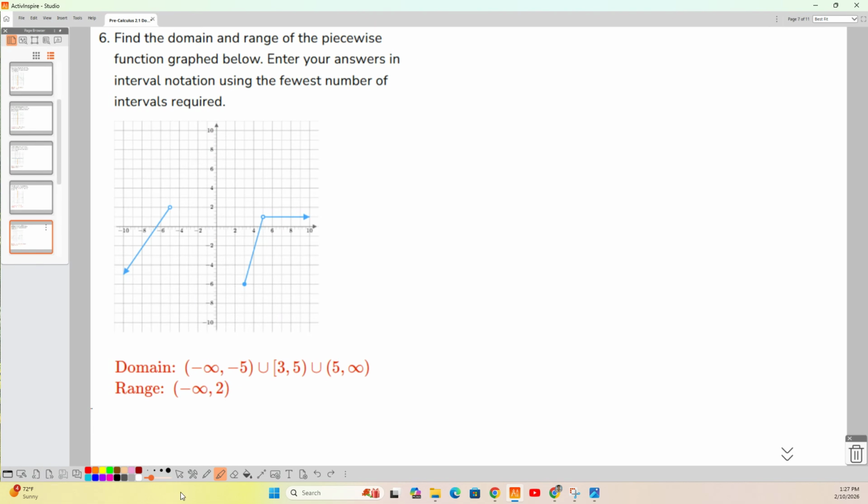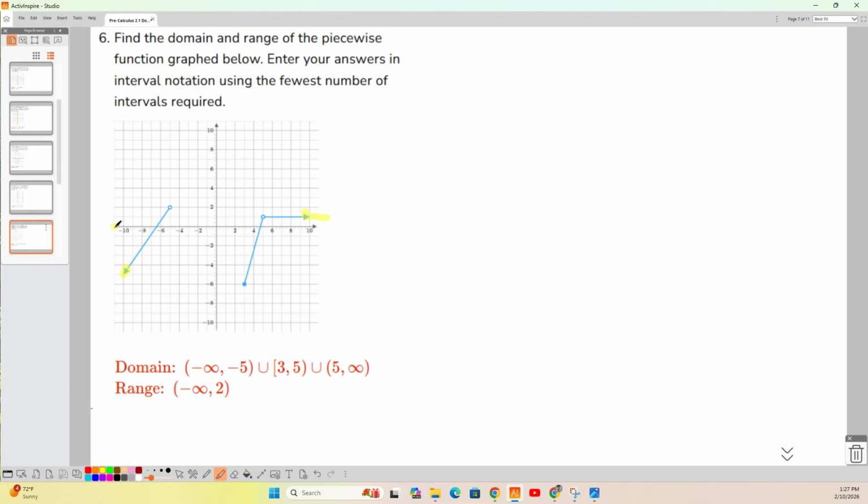Let's look at this one. For the domain, I see this arrow. So I know that the x values are going to continue to negative infinity. And this arrow lets me know the x values will continue to positive infinity.